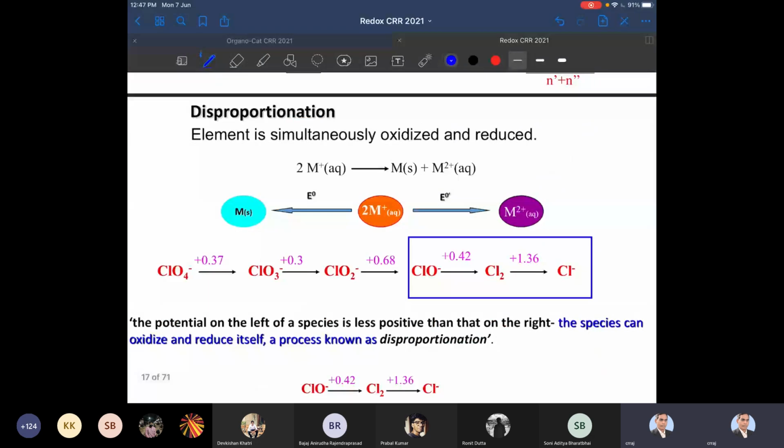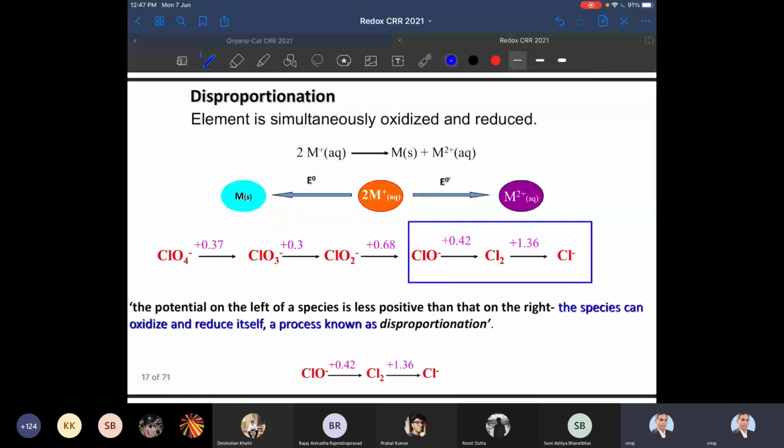Okay. Another important thing that we learned from the Latimer diagram is the disproportionation reaction. I hope you know what a disproportionation reaction is. Spontaneous oxidation and reduction reaction. Right. What I have here is M plus. In the blue circle I have M plus.